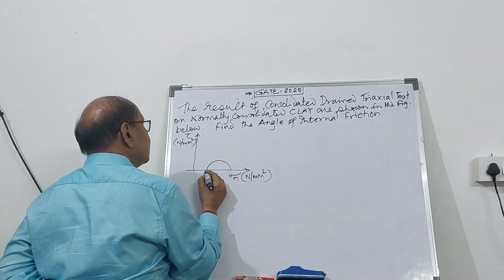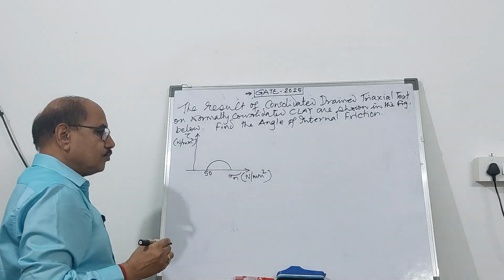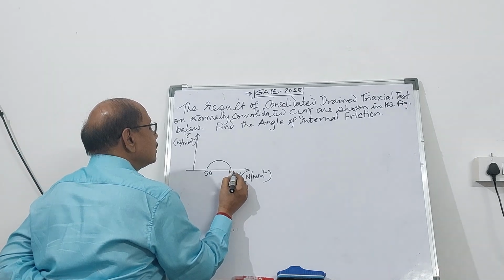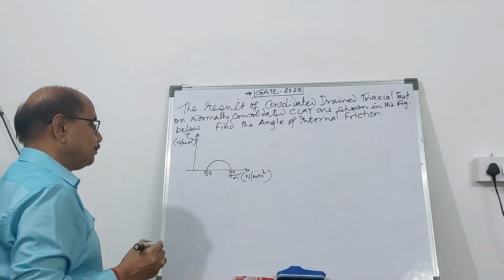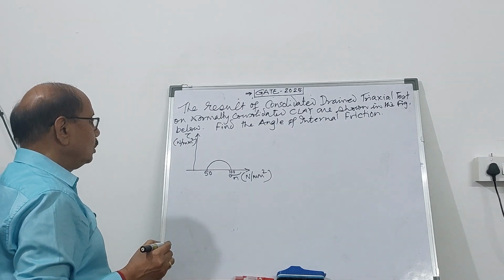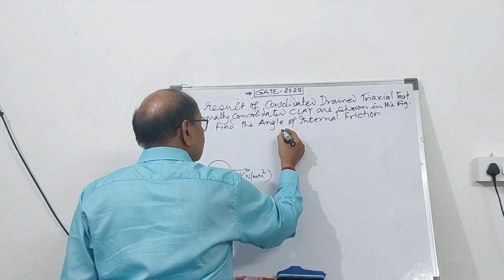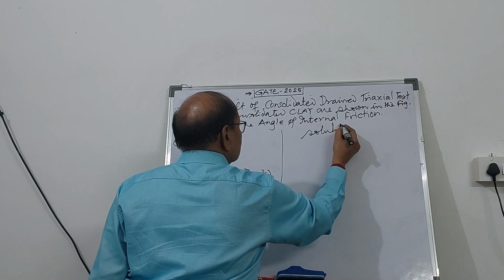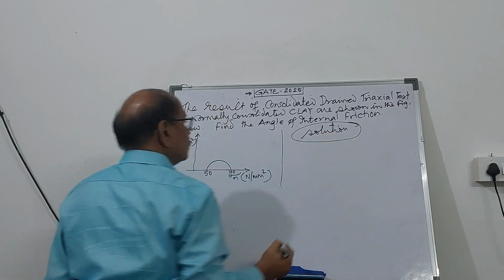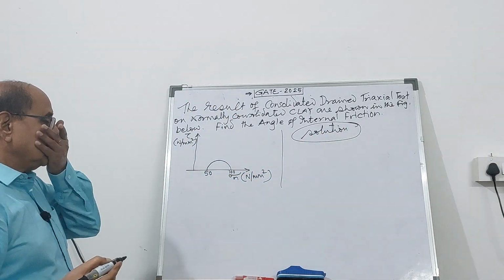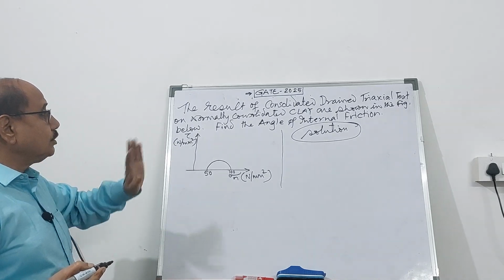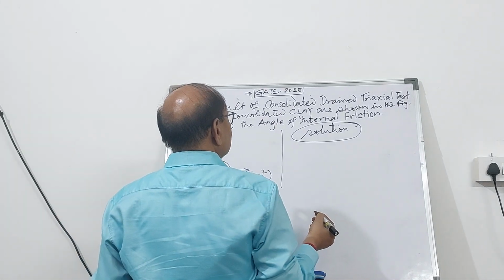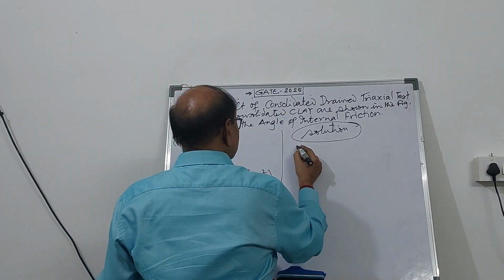Here it is 50 and this point is 100. So you need to have the solution of this problem. Quite simple one, because it is a CD test, consolidated drained triaxial test.